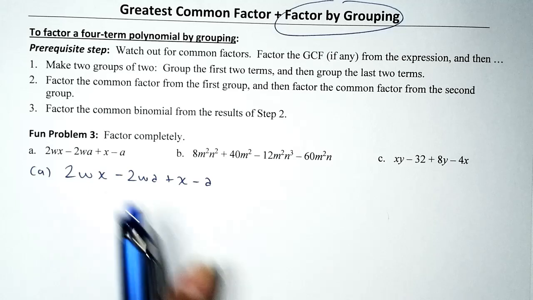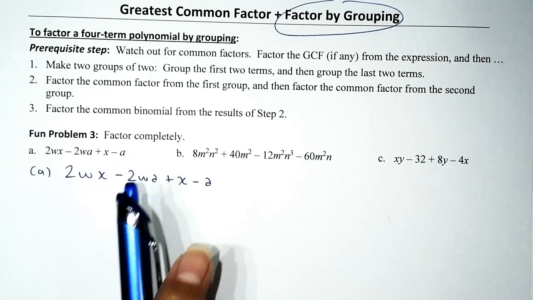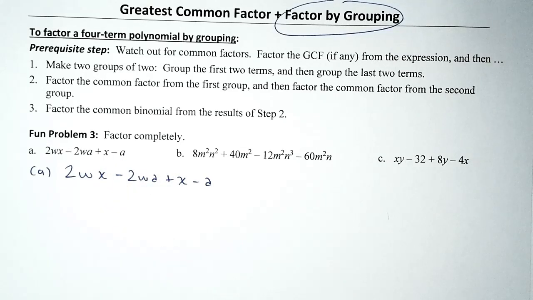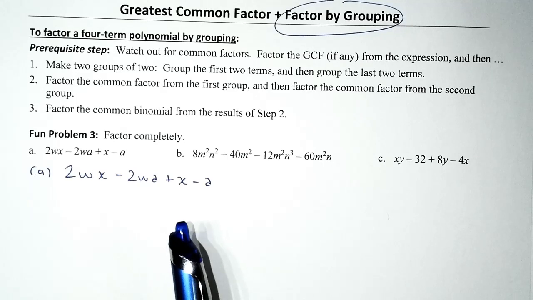Well, I should read the directions, but sometimes I get so excited that I forget to read the directions. So the directions read factor completely. So what does it mean to factor? If you're being asked to factor, that is code for write me as a multiplication problem. Okay, no multiplication problem here.